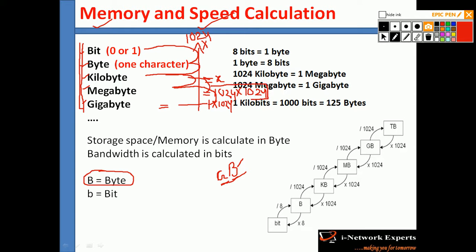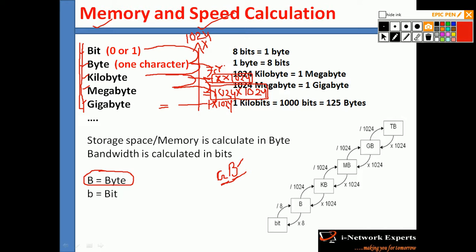Then x kilobyte you convert into byte by multiplying again with 1024, and say the value is y.